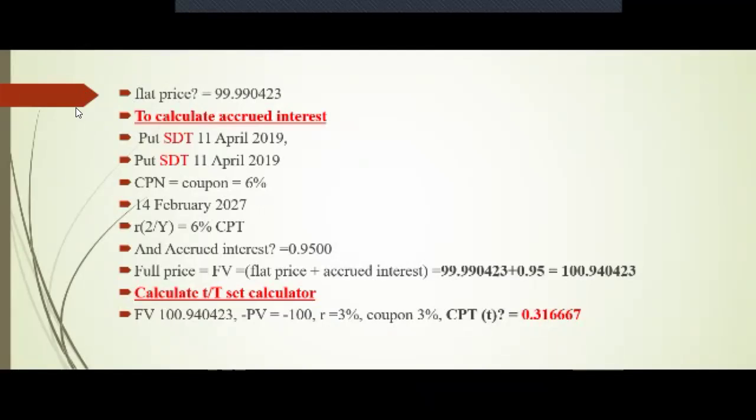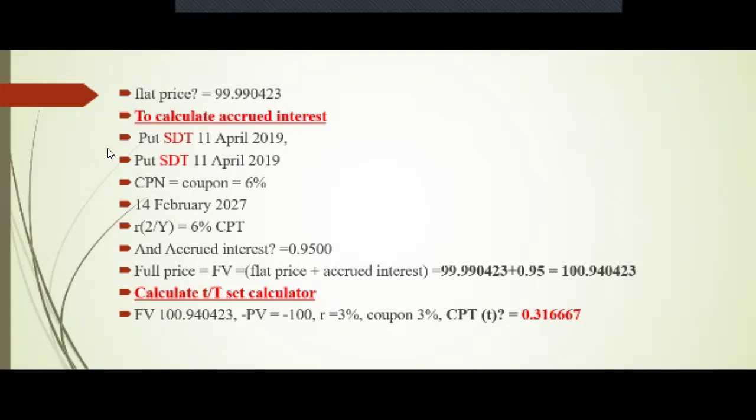And then we will put 14 February 2027 as the end date. This is the beginning date and this is the end date. So we will ask the calculator to find the accrued interest. We will get this number. We need the full price, so we add this to the flat price in order to get the full price.